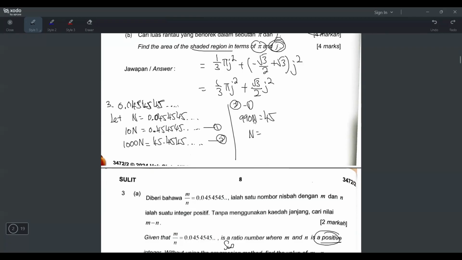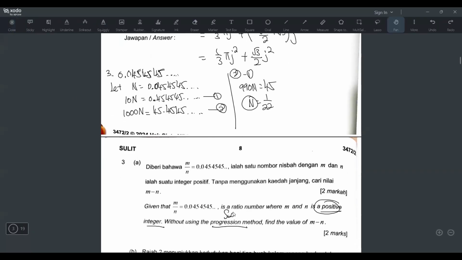And if you press calculator, the calculator will give you 1 over 22. And this n is 0.045, right? So it means that if you tekan 1 divide 22, your calculator will give you 0.045454545 like that. Okay, but the question never asked for that. The question asks you to find the value of m minus n.